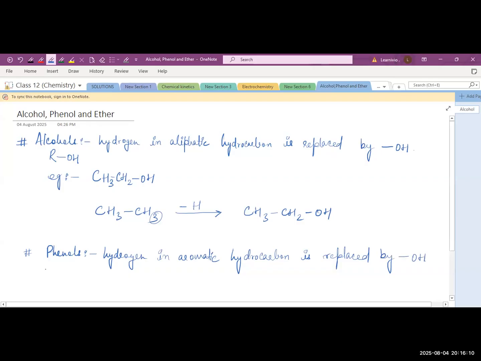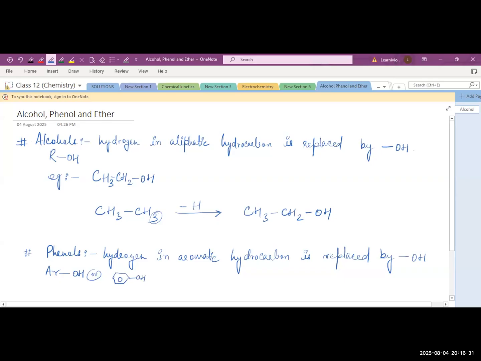And how can you write phenol? You can write an aromatic ring with an OH group, where the OH group is directly attached to the aromatic ring. When we talk about aromatic, it means benzene. This is your OH, this is your phenol group.